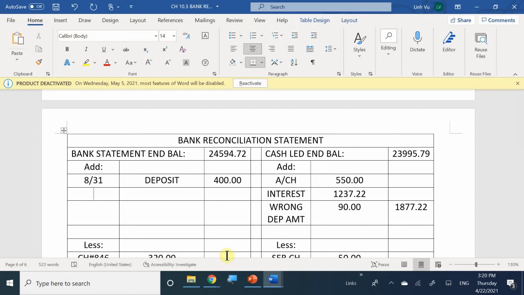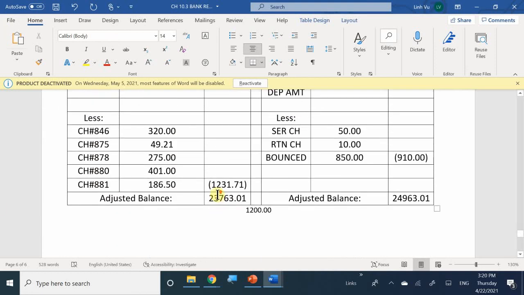So you're going to add, you could put the date 8/30, missing money or missing cash, or you could put cash on hand, for the $1,200. That should make your account become $24,963.01.